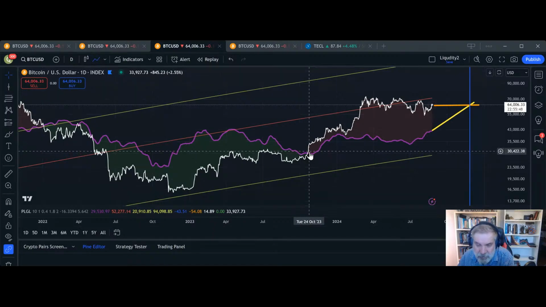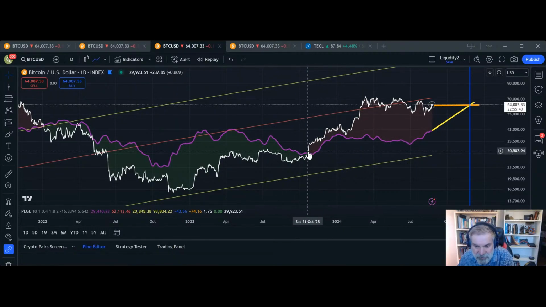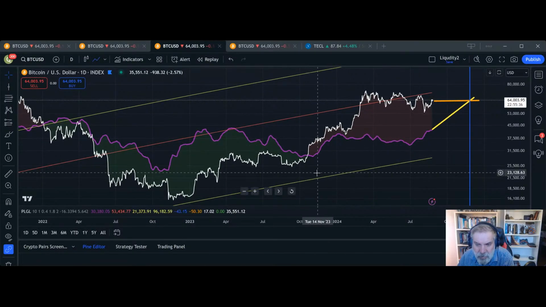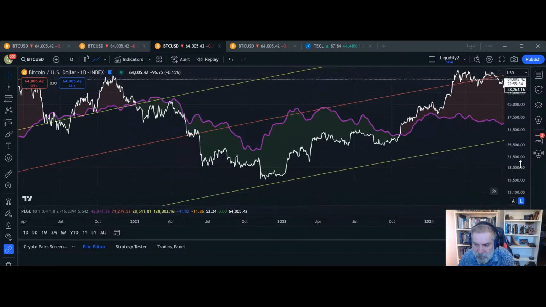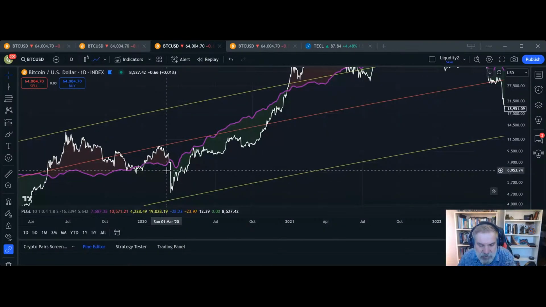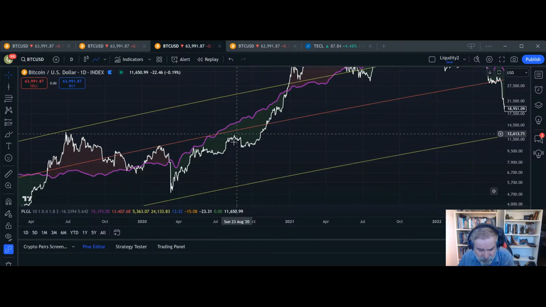So what big thing happened that made people excited and push the price up? It was the ETF, right? The main thing that happened. So it's kind of reasonable to say that was the cause. It's like, for example, in the previous cycle, it's very reasonable to say we got excited because of an excess in liquidity, because of all the stimuli that we got from the government due to the COVID crisis.